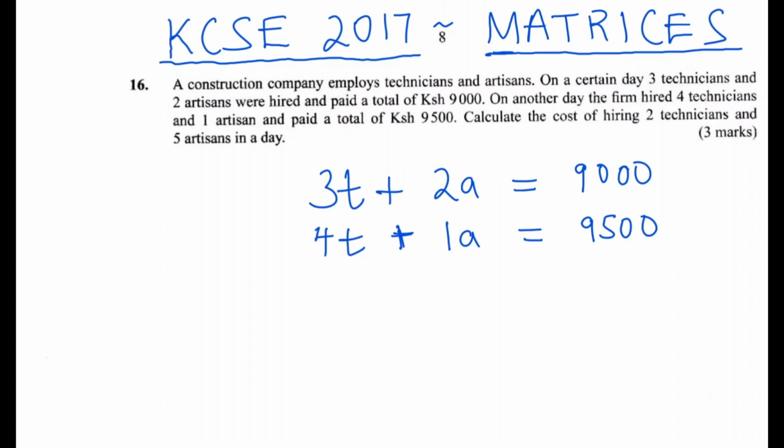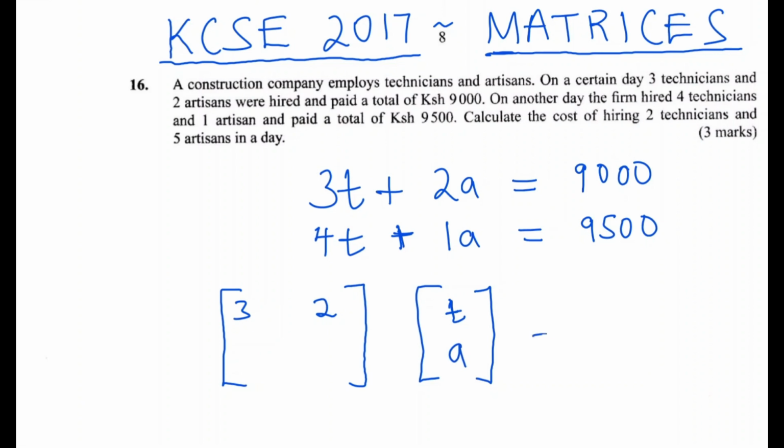Let us form matrices. The coefficient of T here was 3. The coefficient of A was 2. In the next matrix, we shall place our variables. We had T and A. Now remember that when we are multiplying matrices, we apply the rule of rows from the first matrix times columns in the second matrix.